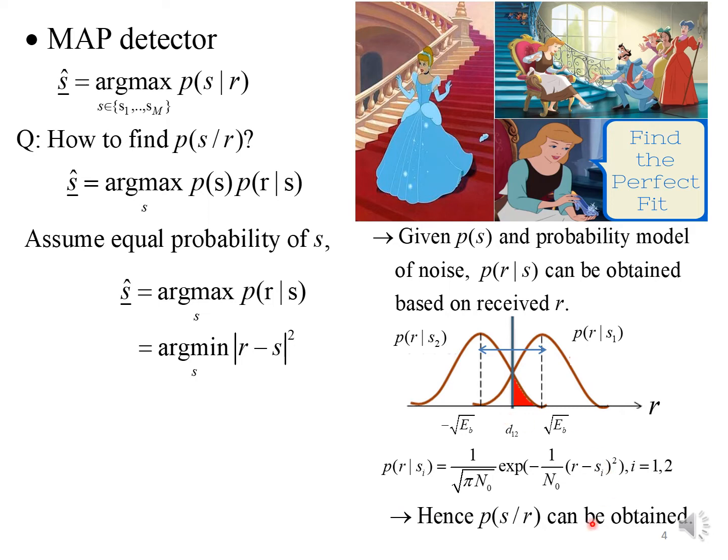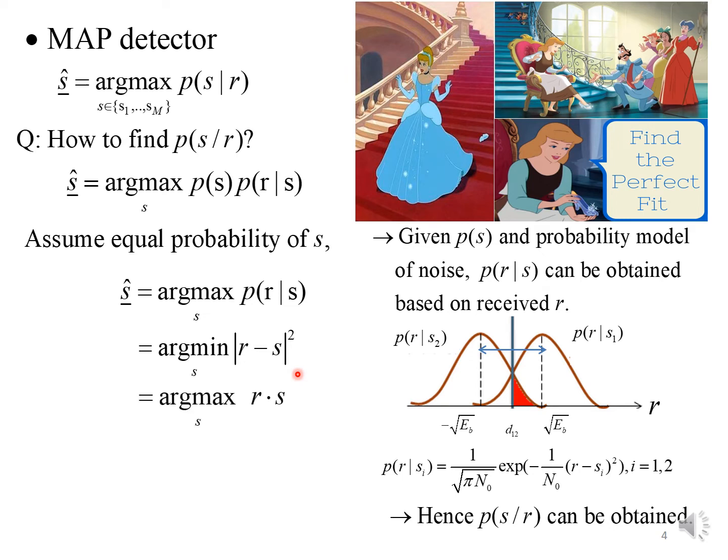Only if this is Gaussian noise can we reduce this Gaussian distribution likelihood function to the distance detection function.